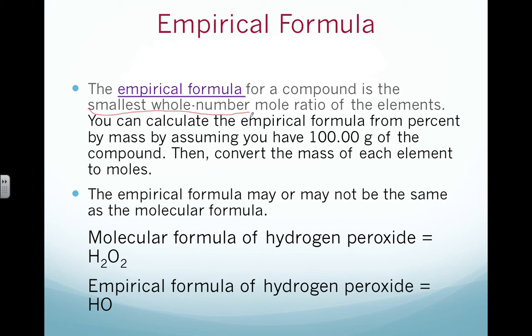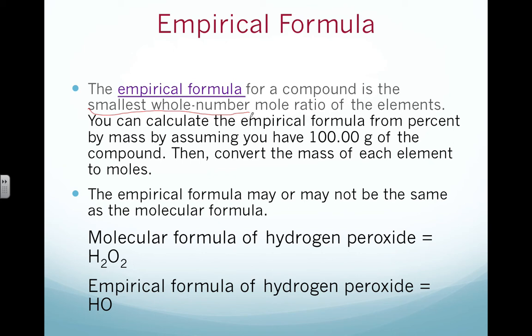And if you look at the bottom here, the molecular formula of hydrogen peroxide is H2O2, and the empirical formula is HO. So if you took H2O2 and divided it by 2, reducing it down to HO, notice that the empirical formula is half the molecular formula. And in the example I showed you in class, glucose, the empirical formula is 1/6 of the molecular formula.